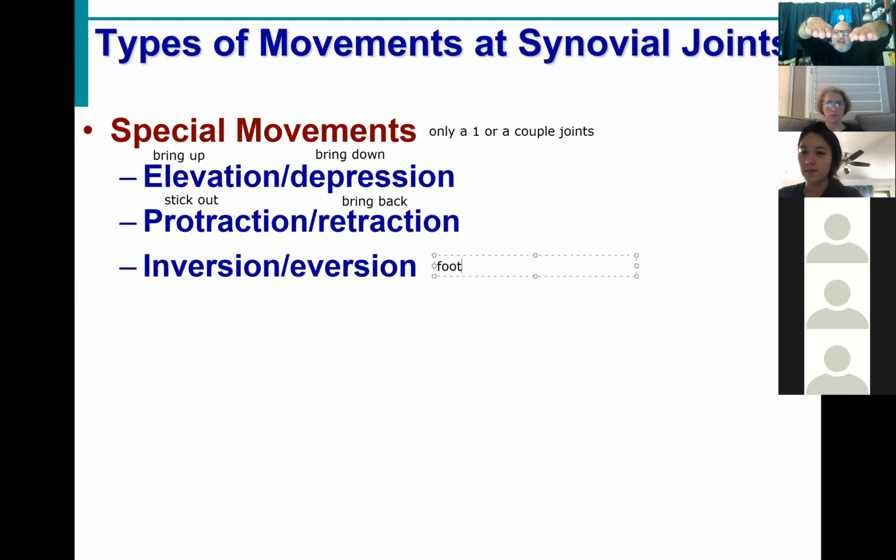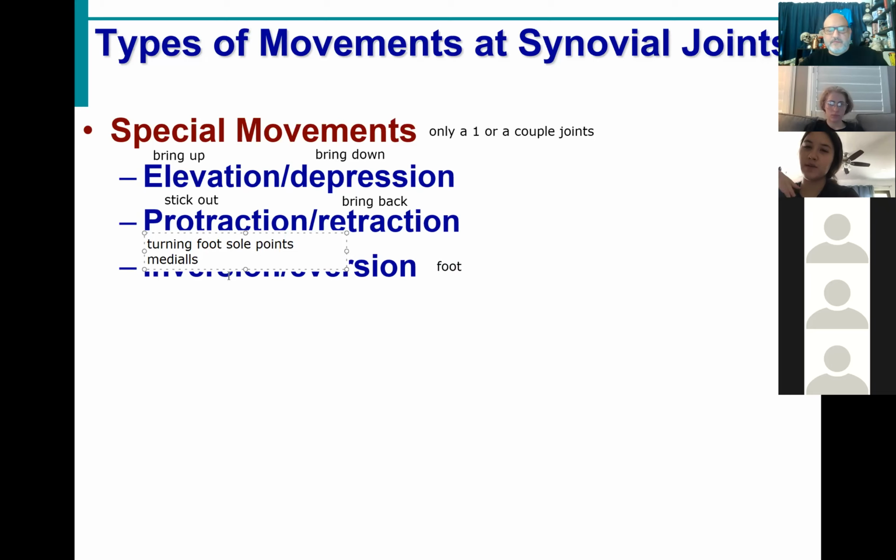In my feet, I have the ability to turn my foot so that the soles of my feet are pointing inward. That would be an inversion. I also have the ability to turn my feet so that the soles of my feet are pointing outward. That is an eversion. So this is a turning of the foot so that the sole of the foot points medially.